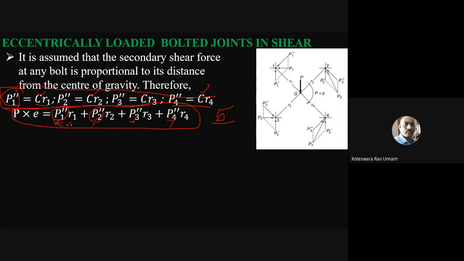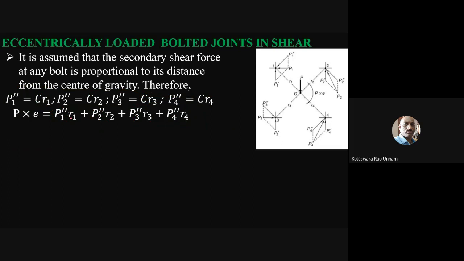C into R1 square, C into R2 square, C into R3 square, and C into R4 square. So throughout, C is there. If I take C out, then I get C into R1 square plus R2 square plus R3 square plus R4 square. From that, first I'll find the C value.